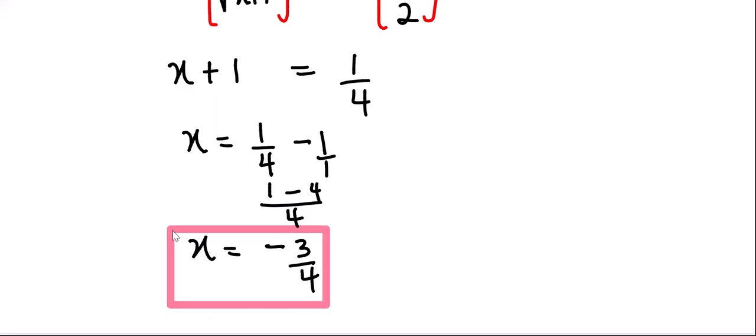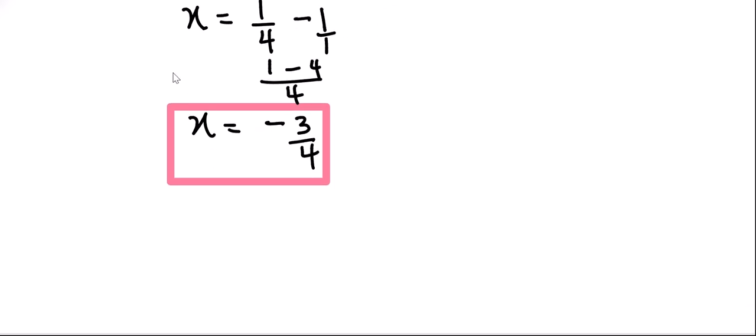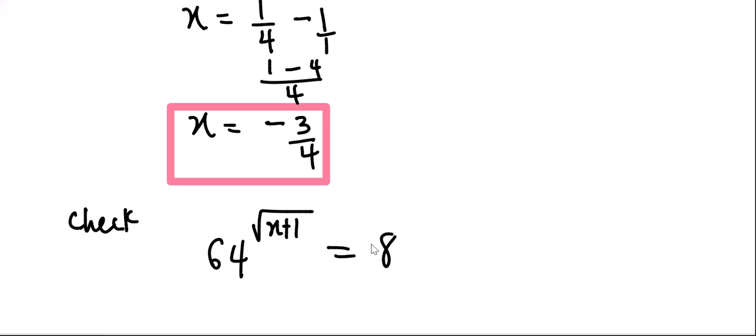To verify if this answer is right, there is a need for us to check. For checking, the problem says 64 to the power of the square root of x plus 1 equals 8.